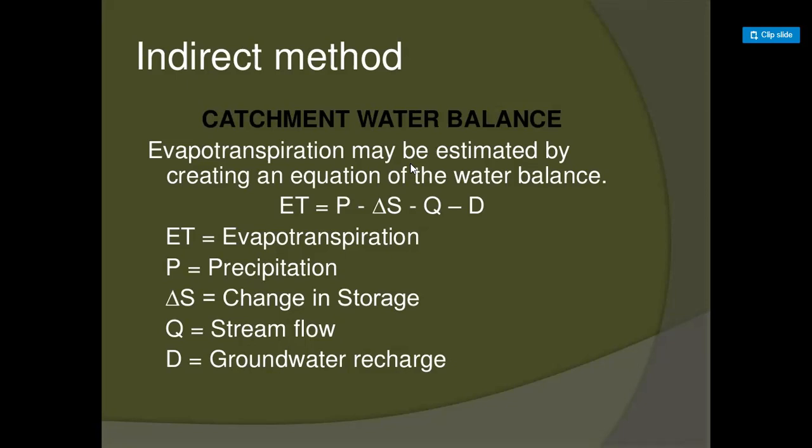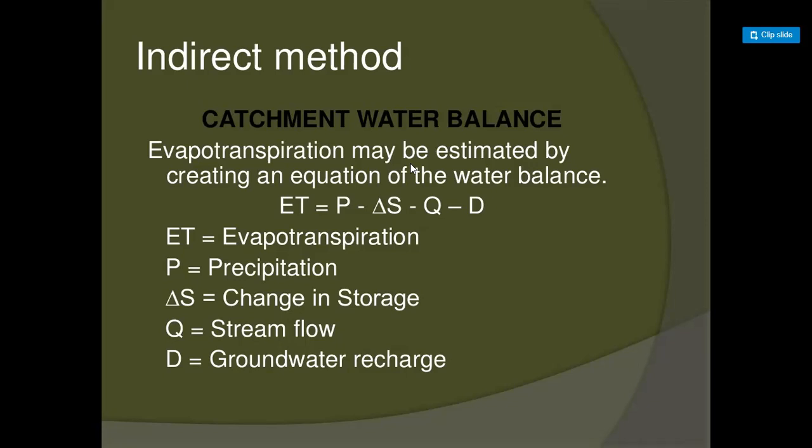This method, also known as the inflow-outflow method, is suitable for evaluating evapotranspiration of a large area such as watersheds over relatively long periods of time. The evapotranspiration can be evaluated provided all other constituent items of the following water balance equation are known: water supply is equal to water disposal.